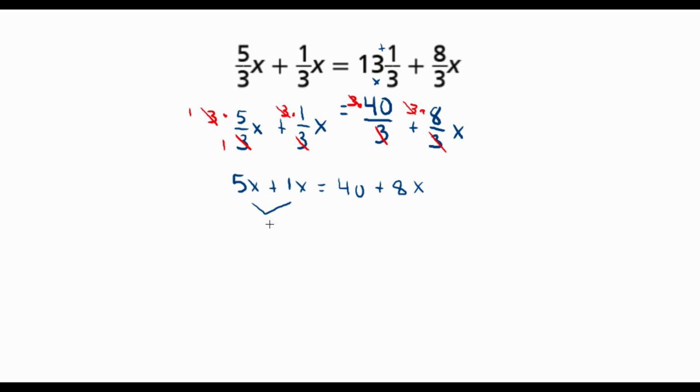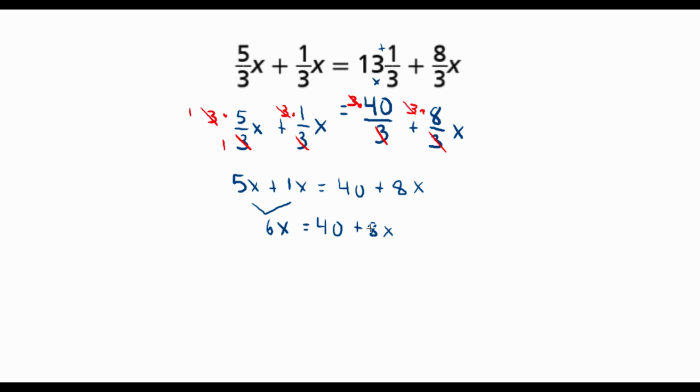That will give us 6x equal 40 plus 8x. Now normally I would recommend to move the smaller x term, but since 6x is already by itself, it's already isolated, and our goal is to separate the constant from the algebraic term, I'm going to go ahead and move the 8x toward the 6x so that I can solve right away for the variable afterwards.